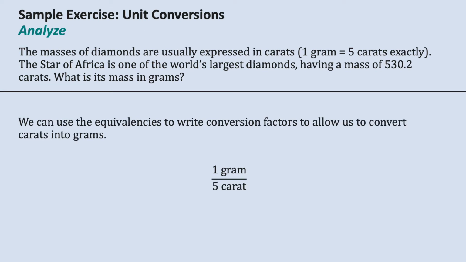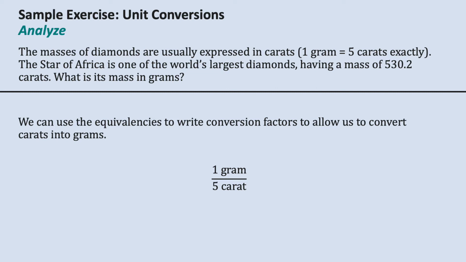We can use the equivalencies to write a conversion factor. We saw conversion factors in the lecture videos, and so you know that you could write it as a fraction with either value on the top because they equal each other exactly. So this is like writing 1 because they mean the same thing.